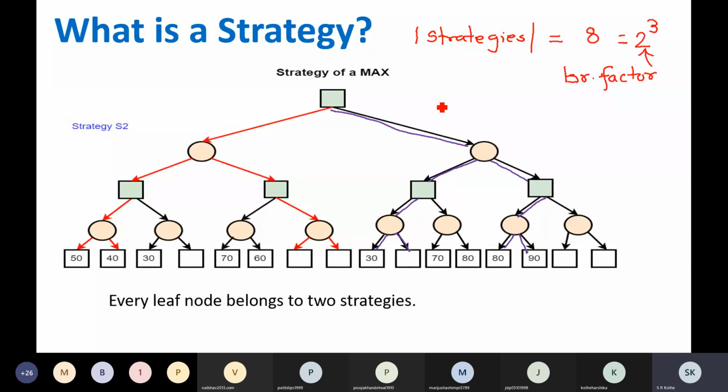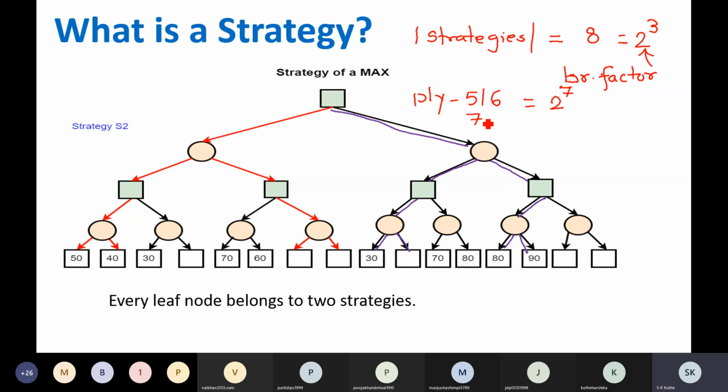So if you generalize this, you will find out interesting pattern out here. If number of plies are 5 to 6, then you will have 2 raised to 7 strategies.